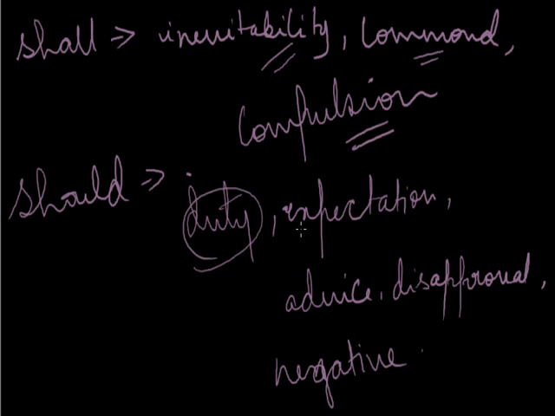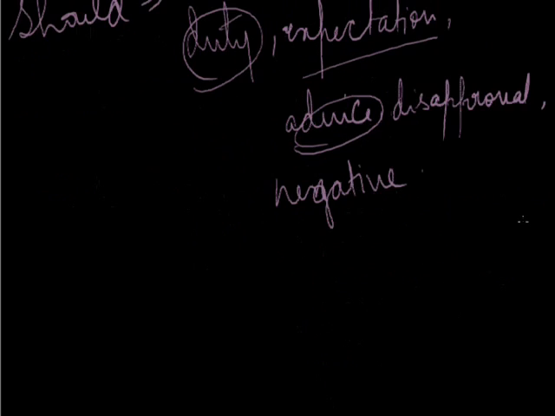Duty: they should reach the border at the call. Expectation: we should get good news. Advice: you should apologize if you are in the wrong, or you should go for a morning walk. Disapproval: you should have left your evil ways.